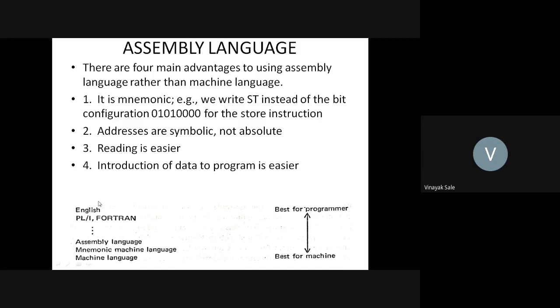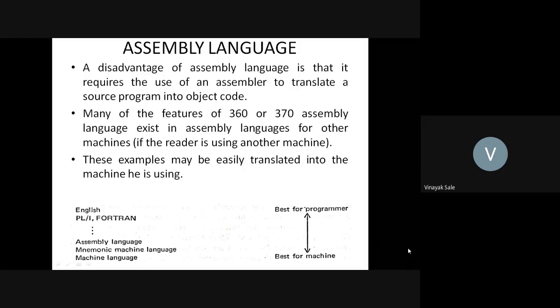Just as there are advantages, there are also disadvantages. The disadvantage of assembly language is that it requires the use of an assembler to translate the source program into an object program. Many features of 360 or 370 assembly language exist in assembly language for other machines.